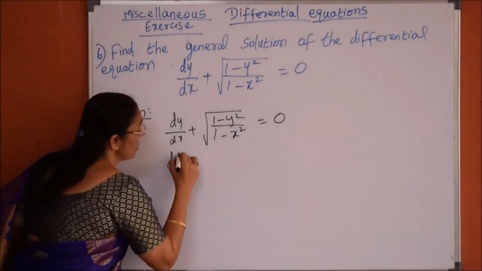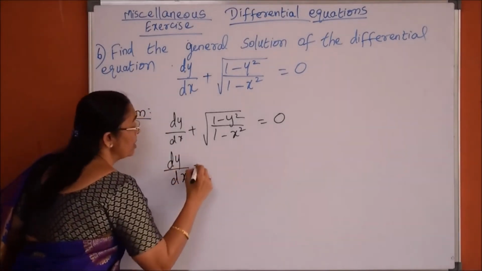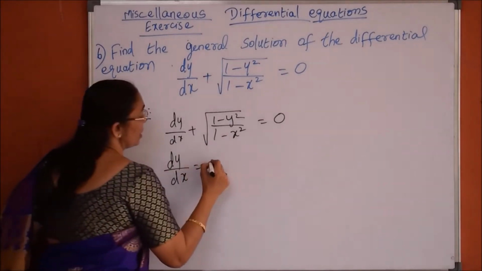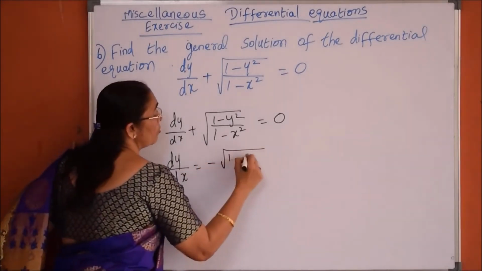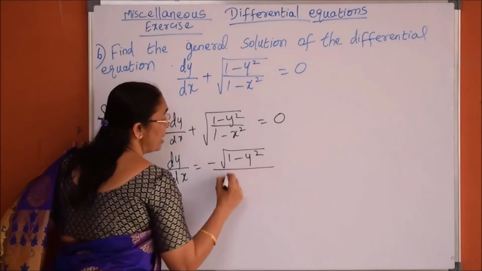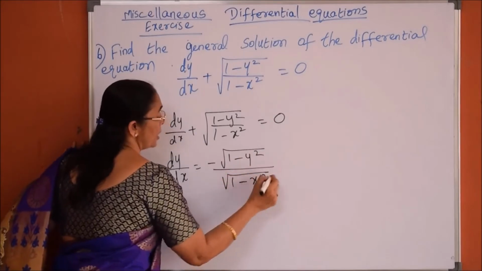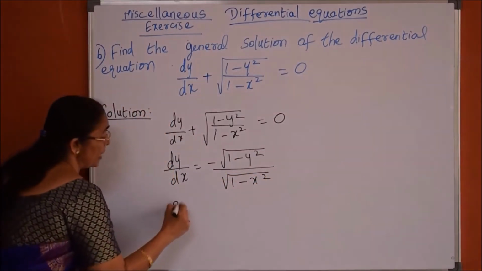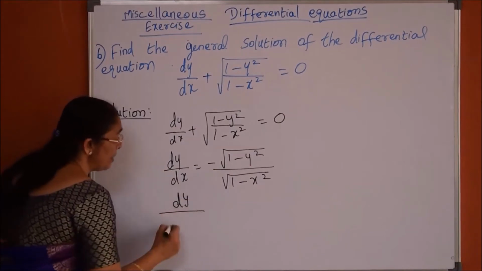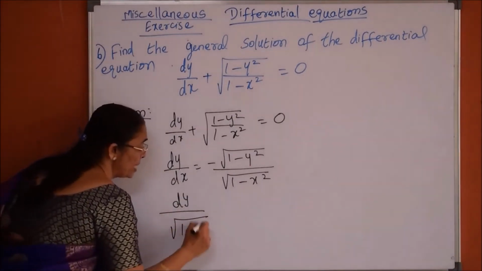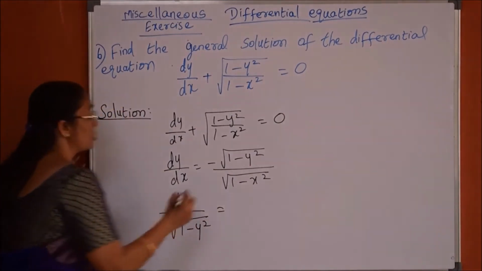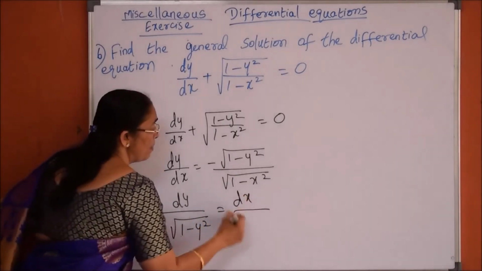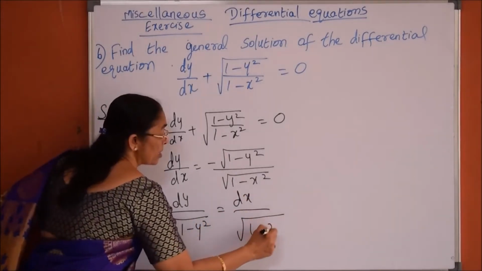First we separate the variables, dy by dx is equal to minus root over (1 minus y square) divided by root over (1 minus x square), or separating the variables, dy divided by root over (1 minus y square) is equals to dx divided by root over (1 minus x square).